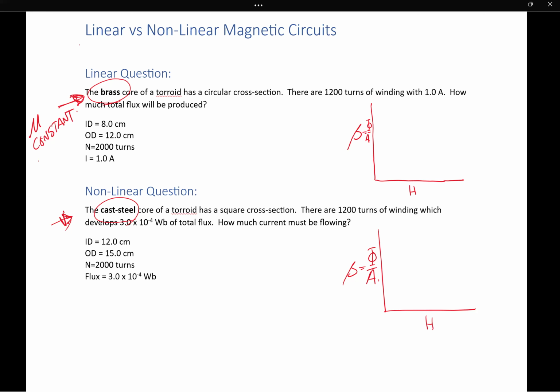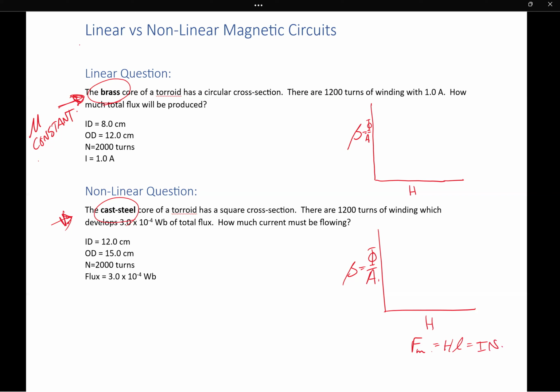Whereas for a cast steel, as the field strength gets stronger and stronger, as induced by the MMF, the magnetomotive force, which you can change yourself, because it is a function of magnetic field strength times length, but also of your current times your number of windings inside a coil.